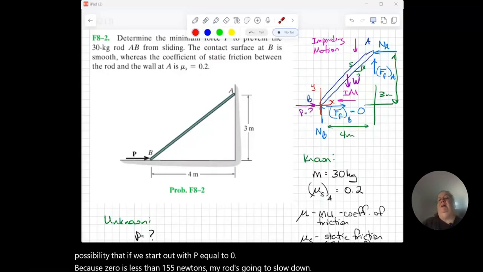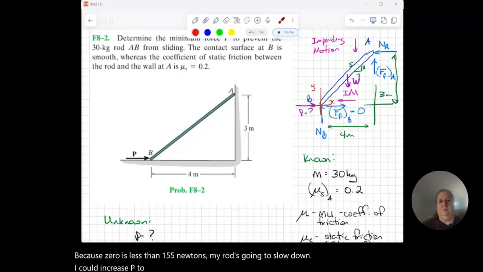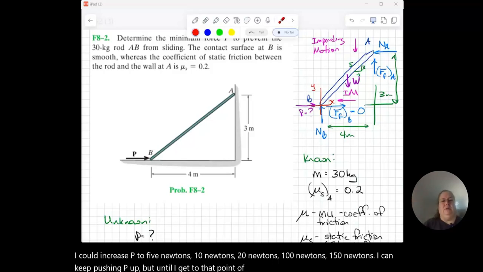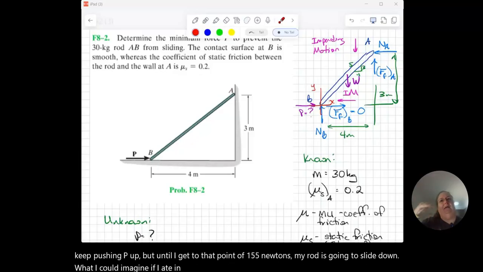I could increase P to 5 newtons, 10, 20, 100, 150. I can keep pushing P up, but until I get to 155 newtons, my rod is going to slide down.